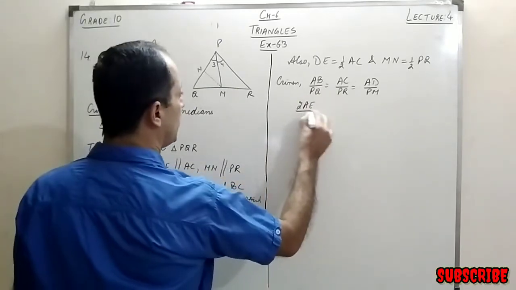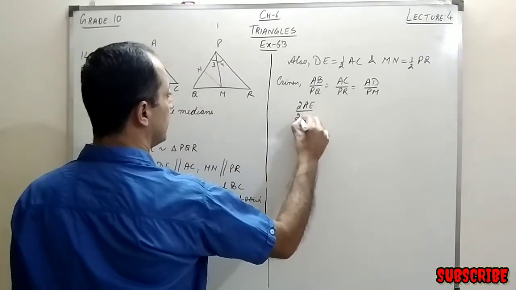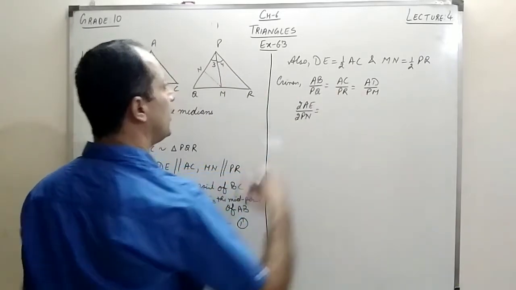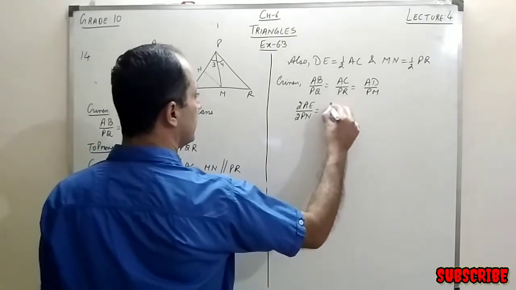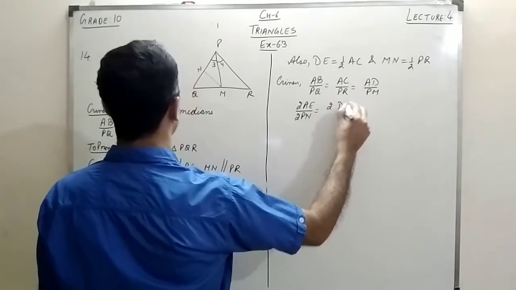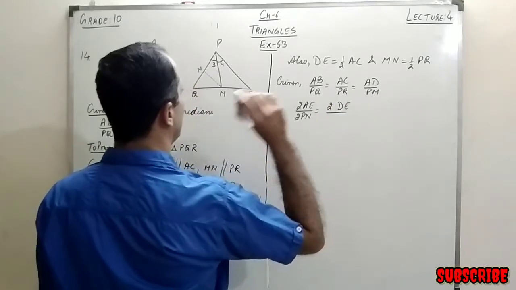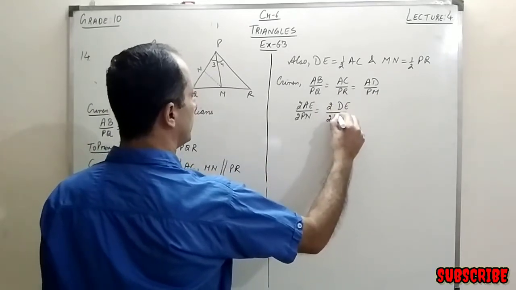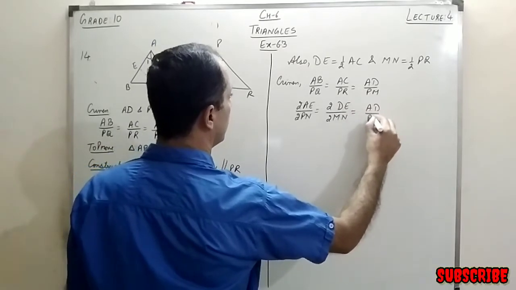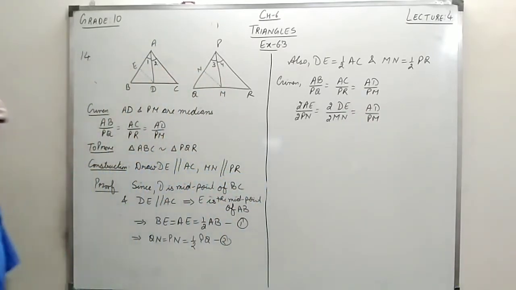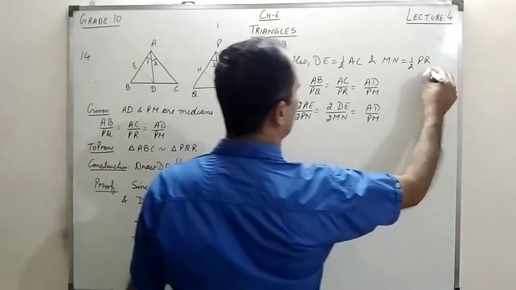Similarly, instead of PQ, I write 2PN. Then I talk about AC by PR. Instead of AC, I can write 2DE. And instead of PR, I can write it as 2 times MN. And that is equal to AD by PN. Right? So this could be 3.